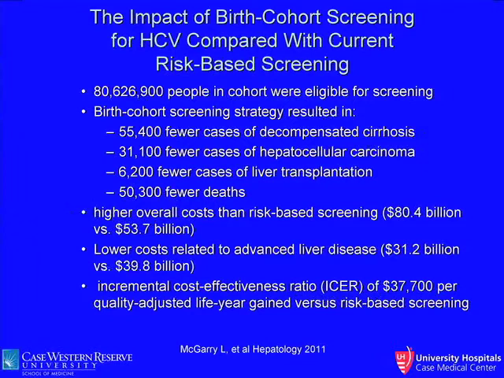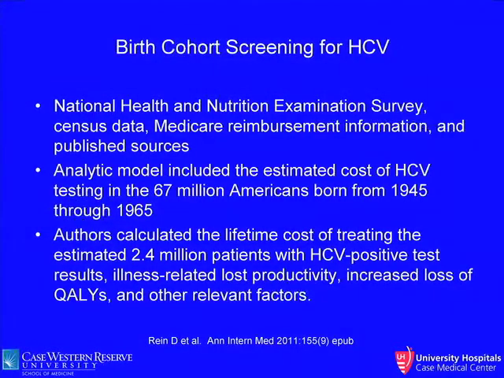And you would have something called an ICER, which is an incremental cost effectiveness ratio, just a way of saying that you're actually advancing care in a cost effective manner, of about $38,000 if you use the birth cohort approach versus risk-based screening.